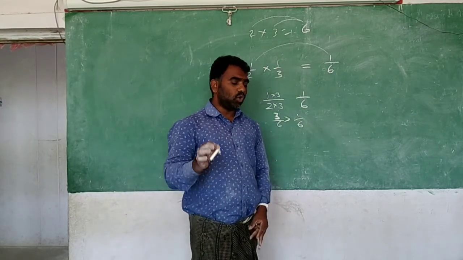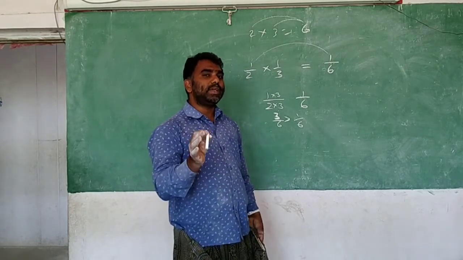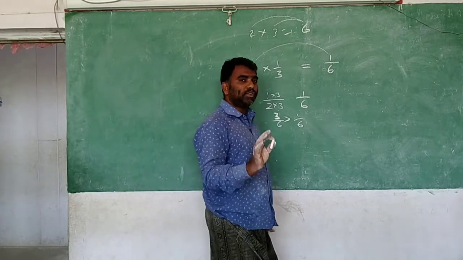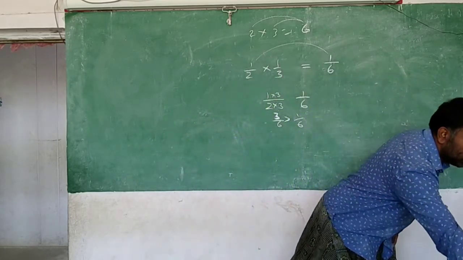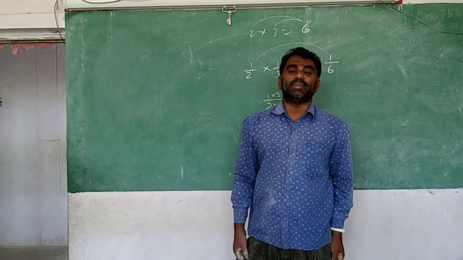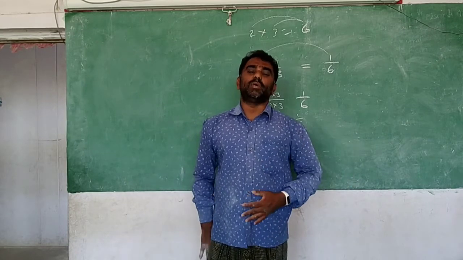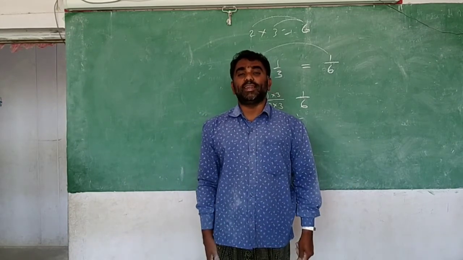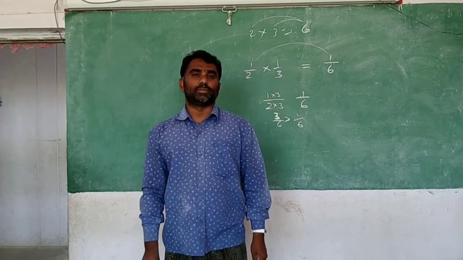So you must know, in normal integers, the product is always bigger than the numbers. But in fractions, it is not compulsory. In fractions, if you multiply two fractions, you can't say the product is always bigger. Sometimes it is bigger, sometimes it is smaller. Whereas in integers, the product is always bigger.